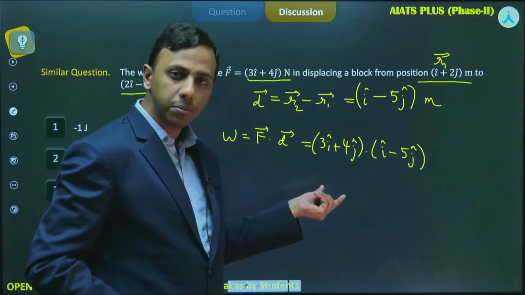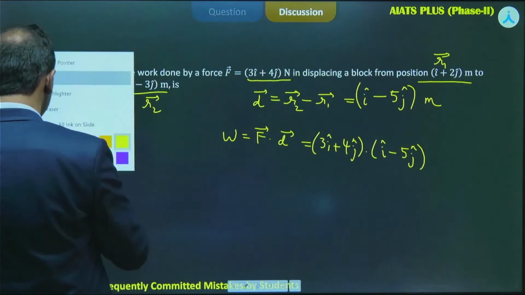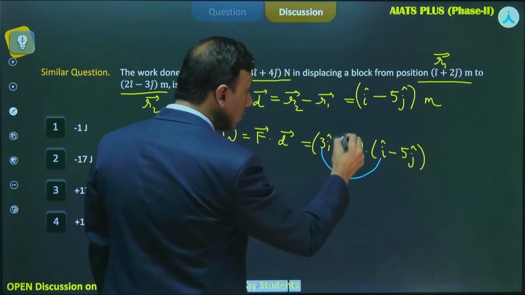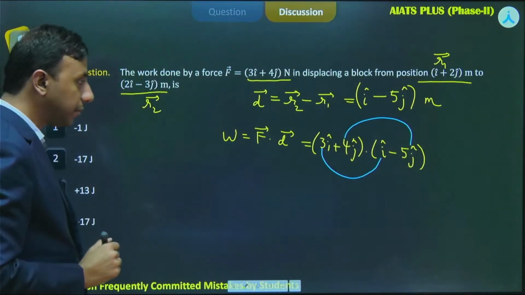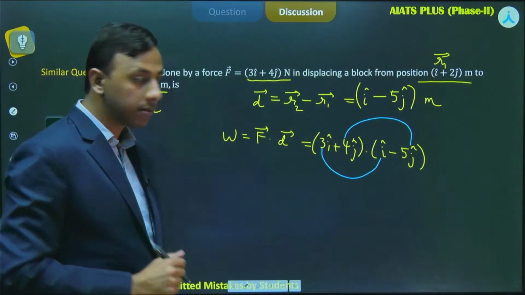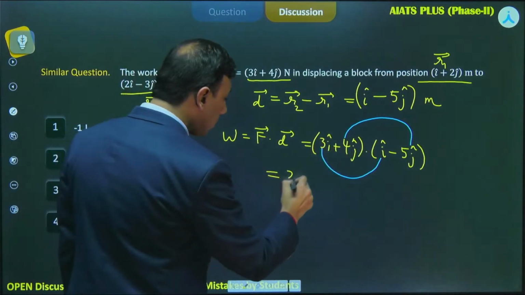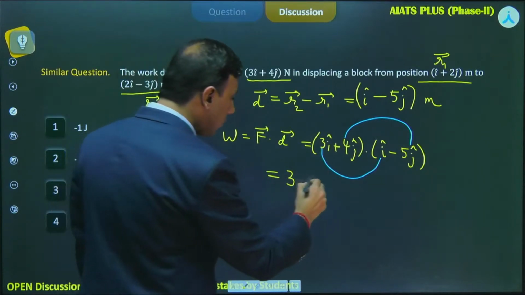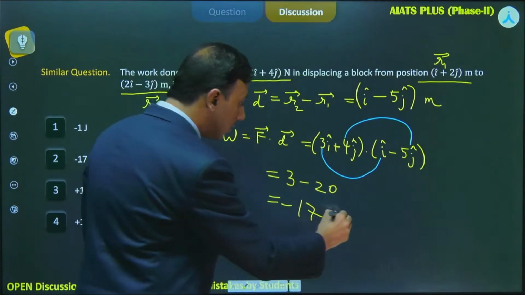So you just have to do simple multiplication. What would be the answer? Can you tell me? See, 3 multiplied by 1 is 3, and 4 multiplied by minus 5 is minus 20. So the answer would be minus 17 joule, right?